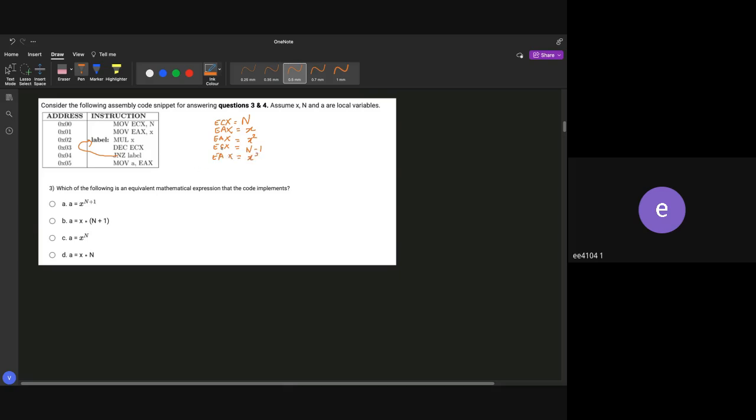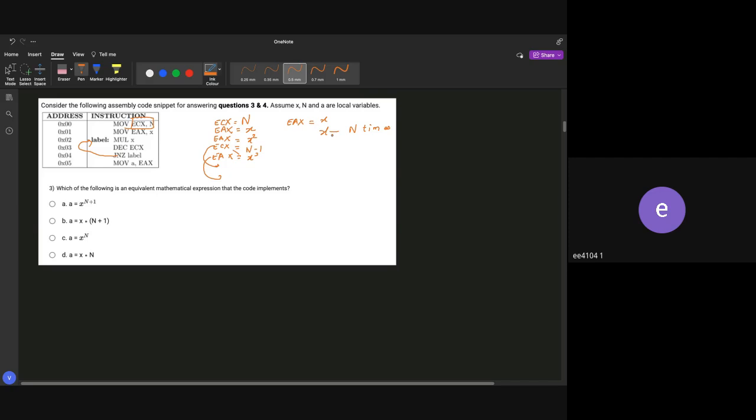x cube, and again this will mostly be like a loop. And the count will be decided from this ECX. It was x before, and now we are multiplying x n times to it, right? Because ECX is n.